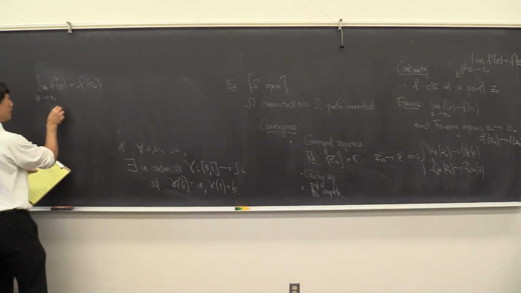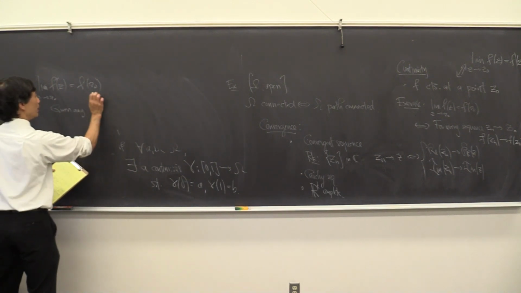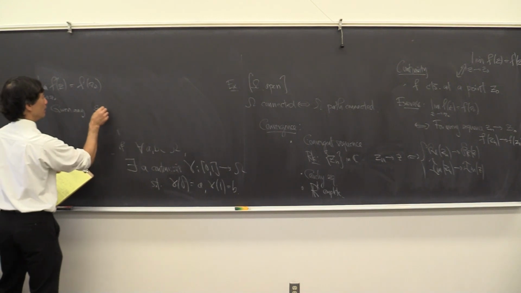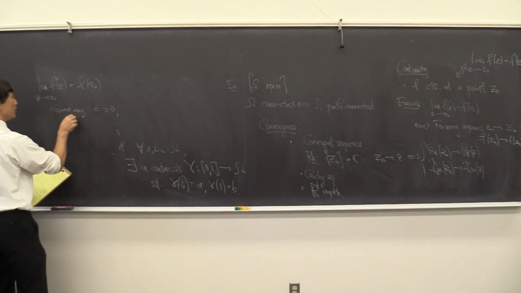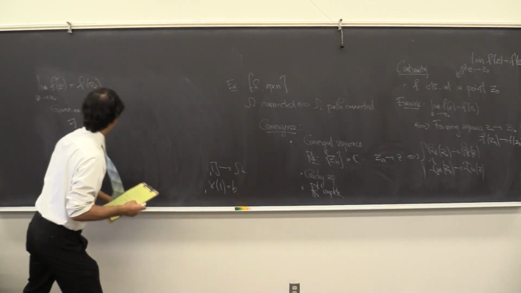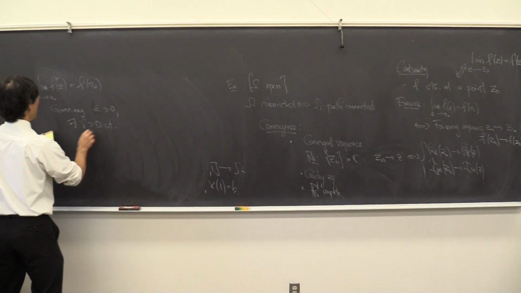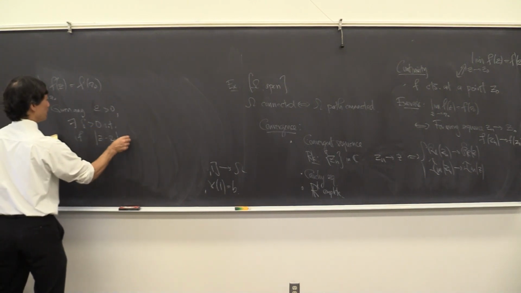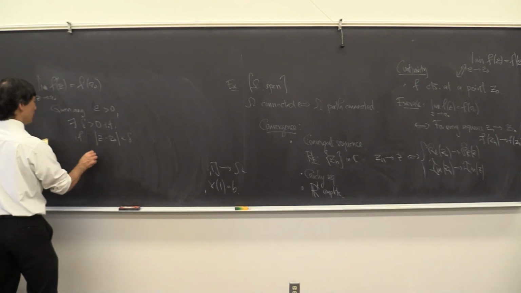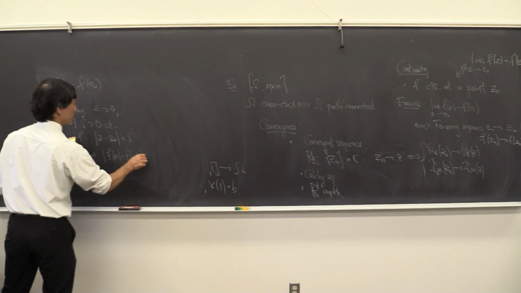Given any epsilon greater than 0, there exists a delta greater than 0 such that if the distance from z to z naught is less than delta, then the distance of f of z from f of z naught is less than epsilon.